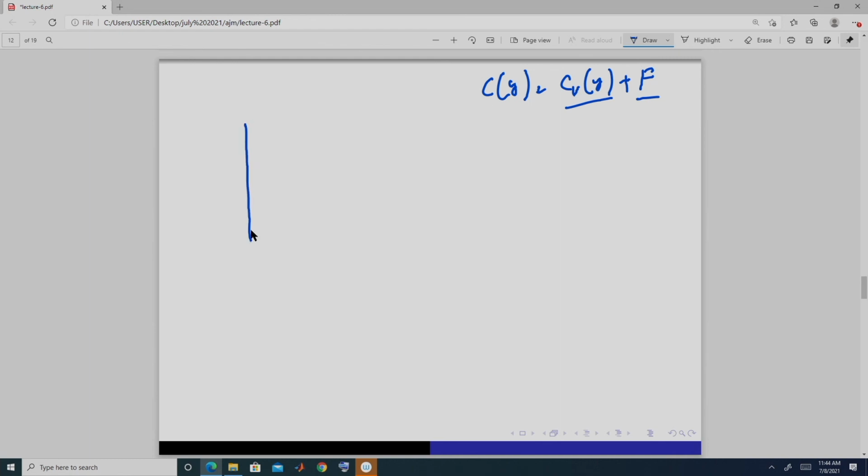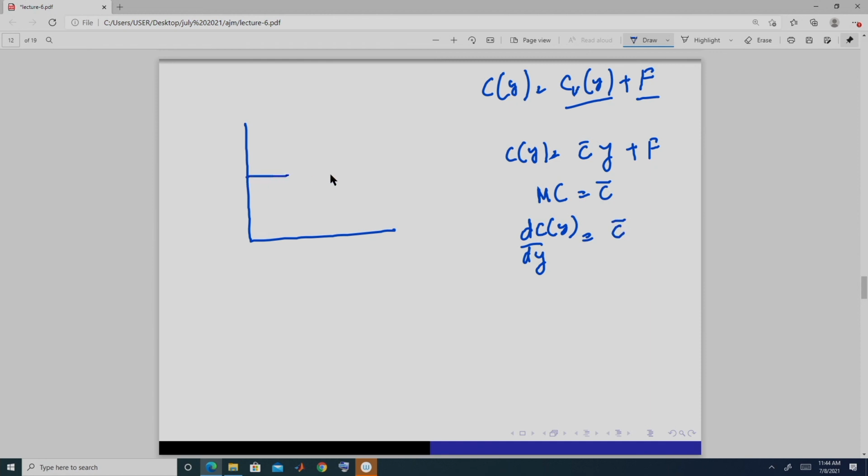Now, if our cost function is of this nature, then marginal cost is simply this, because we take the derivative of this, and we get this.